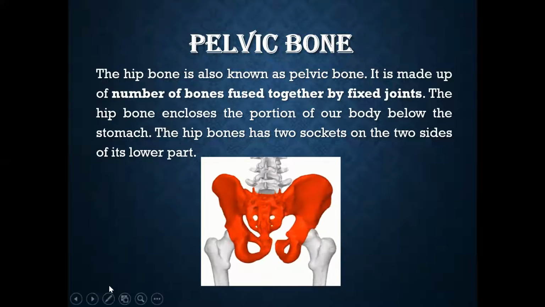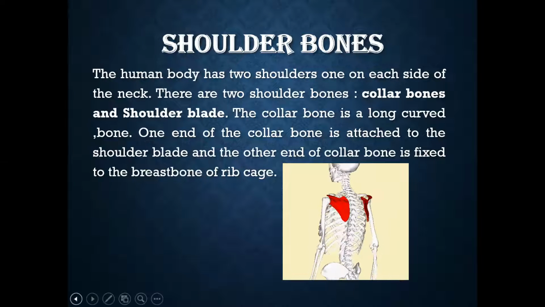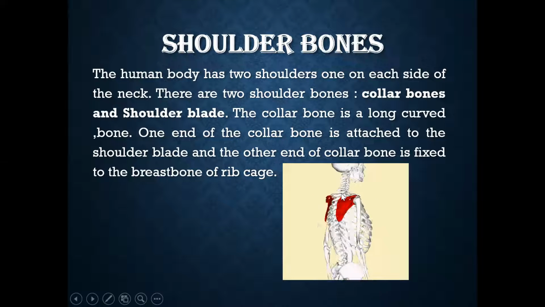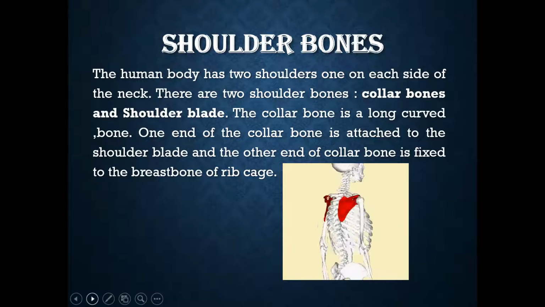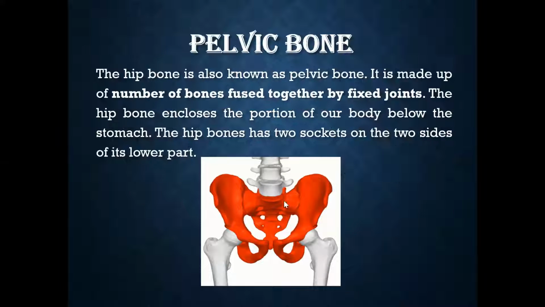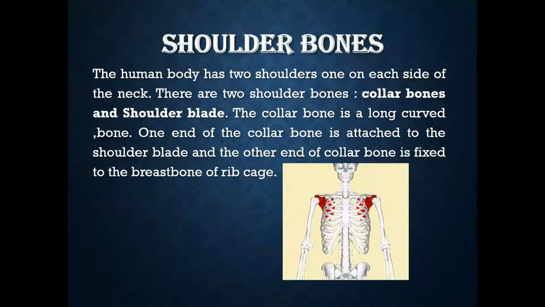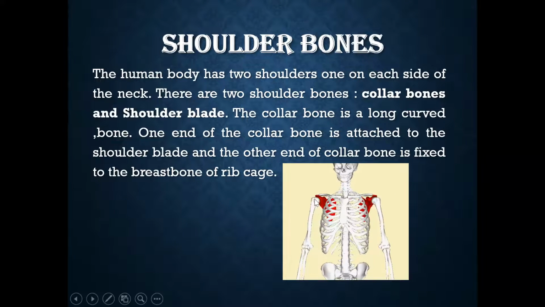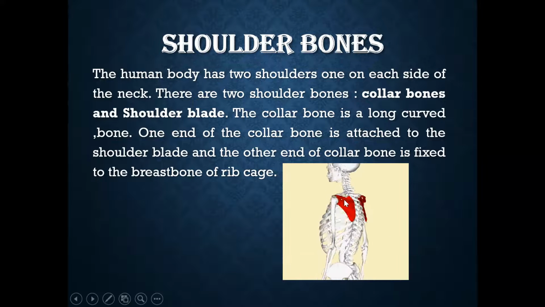Now, once again, the limbs. Our skeleton has two pairs of limbs. These are forelimbs or arms, and hind limbs or legs. The upper limbs are attached to the shoulder girdle or pectoral girdle.